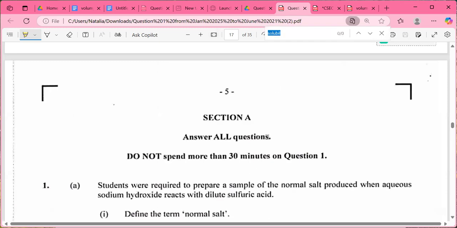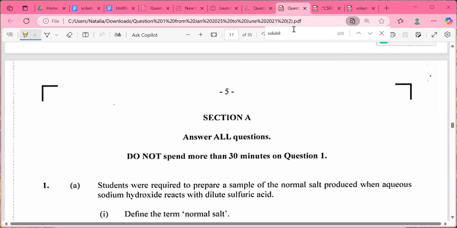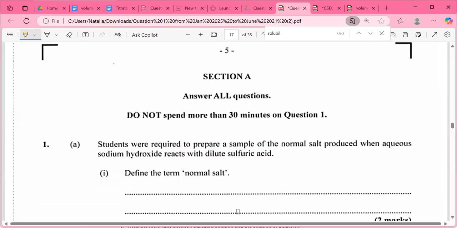So students were required to prepare a sample of normal salt produced when aqueous sodium hydroxide reacts with dilute sulfuric acid. Define the term normal salt.